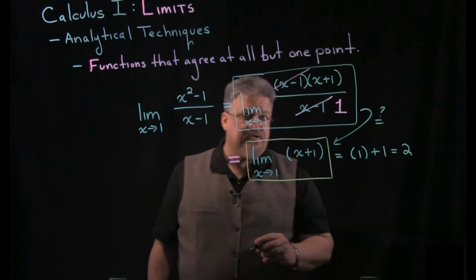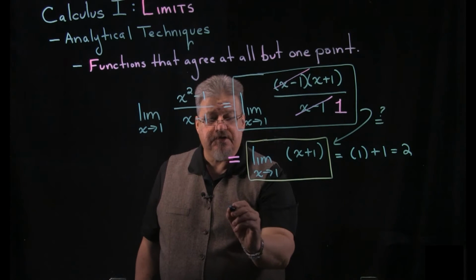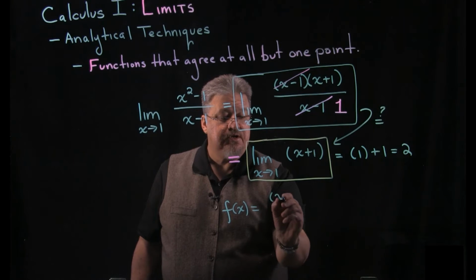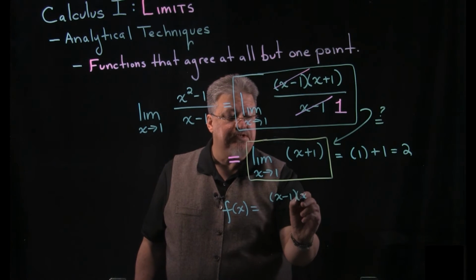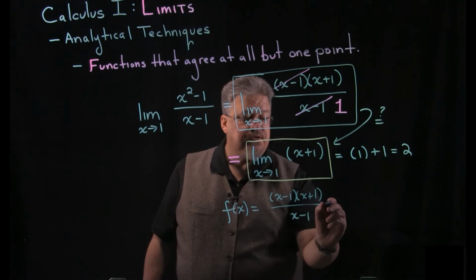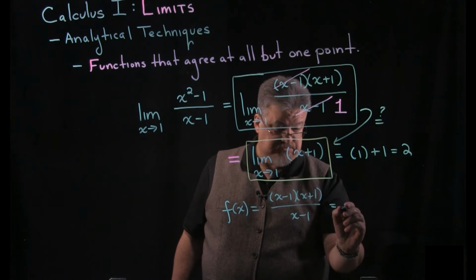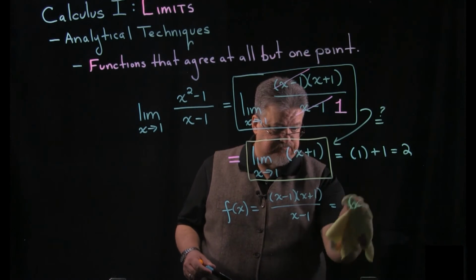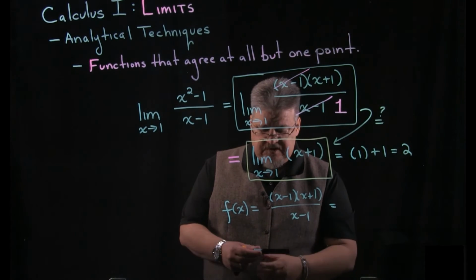And of course, the answer is because these two functions agree at all but one point. The original function f of x, x minus 1 times x plus 1 over x minus 1, is equal to x plus 1, which is g of x.